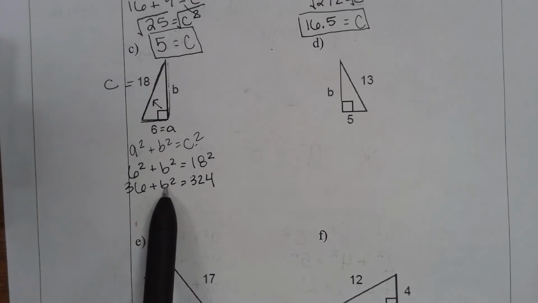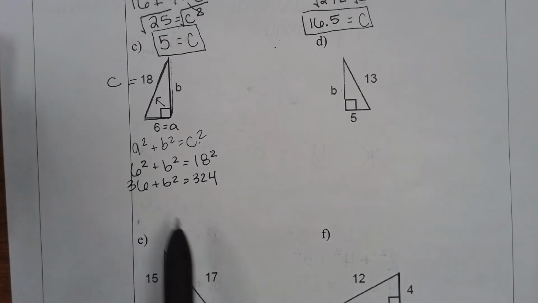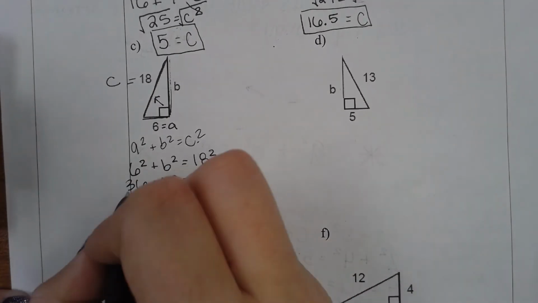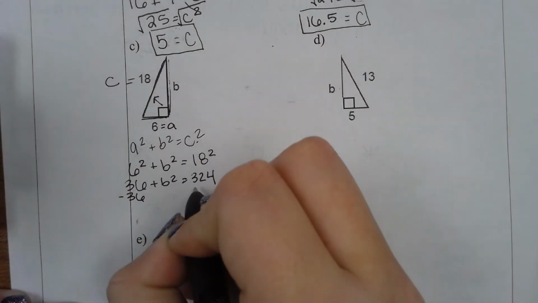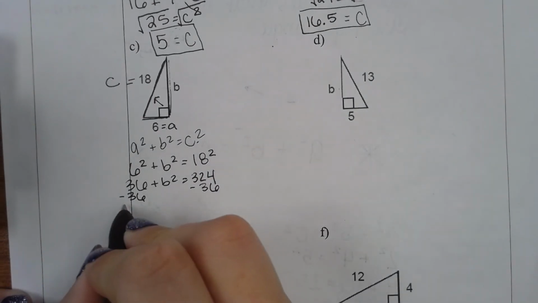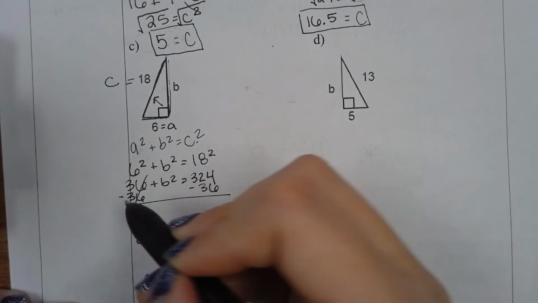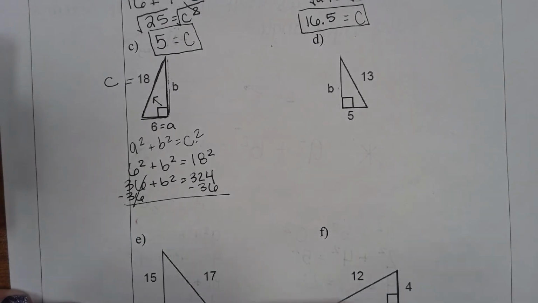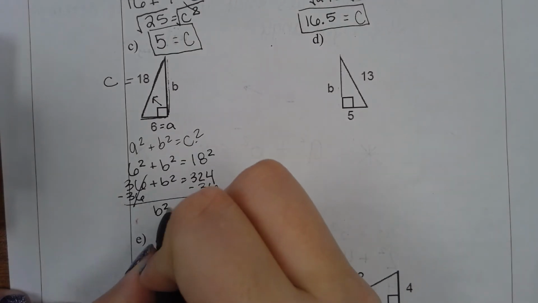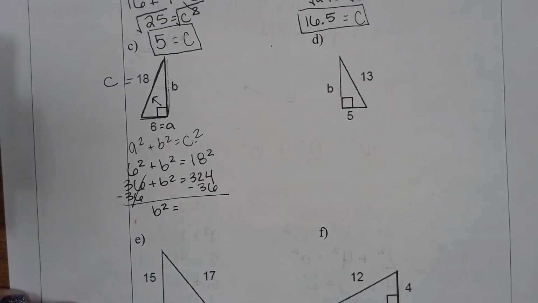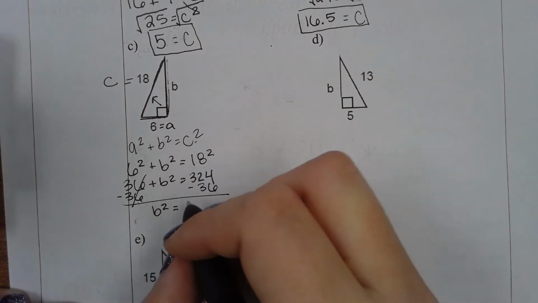Well, to do that, I need to move this 36 over to the other side. So what's the opposite of adding a 36? Hopefully you guys are saying subtracting, so I do need to subtract 36 on both sides, because now those 36's will cancel, and I'm left with b squared equals, and when I take 324 minus 36, I get 288.